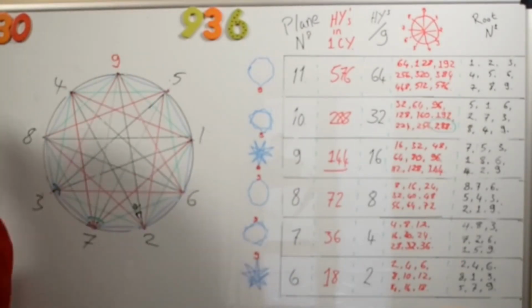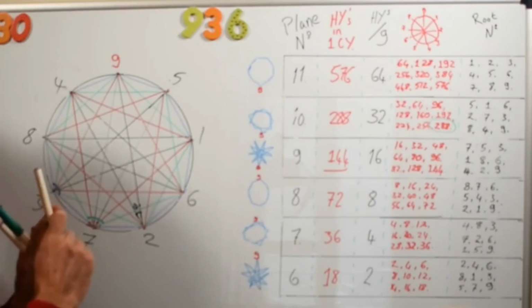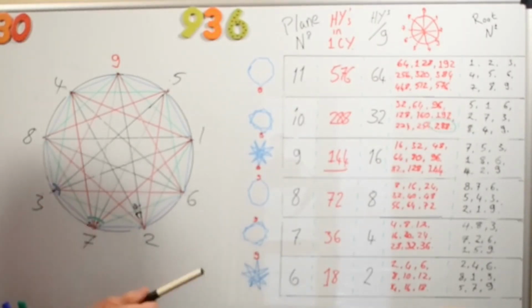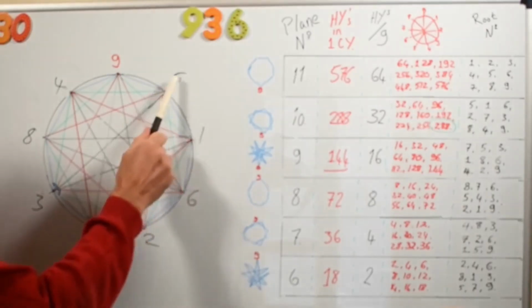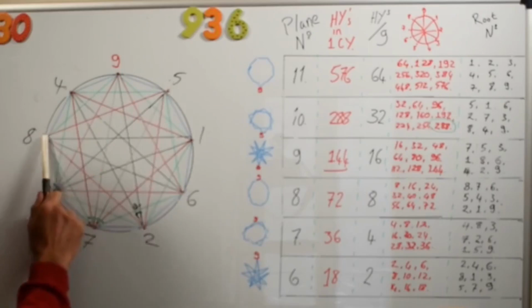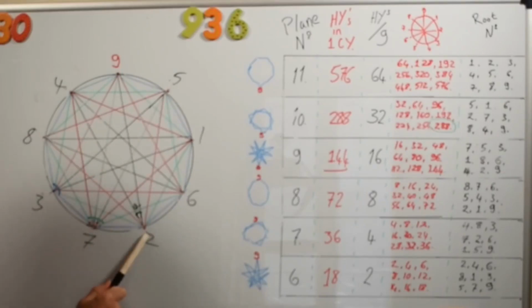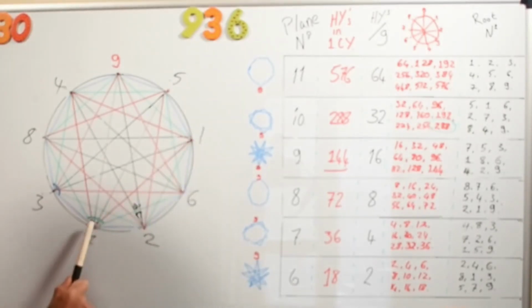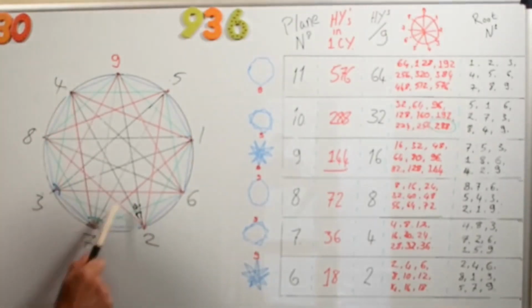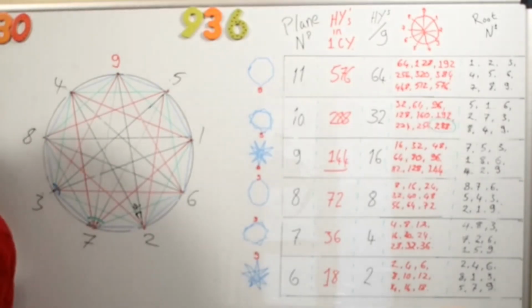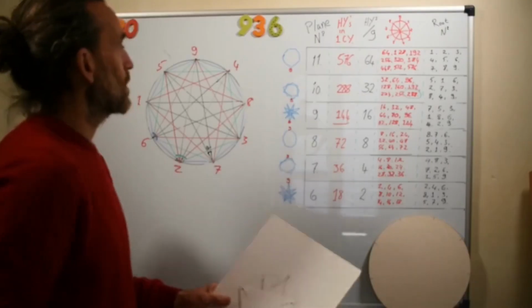So now the equilateral triangles have flipped, because what was the 1, 4, 7 equilateral triangle now is the 2, 5, 8 equilateral triangle, and the 1, 4, 7 equilateral triangle here has switched positions, but the groupings are always the same.